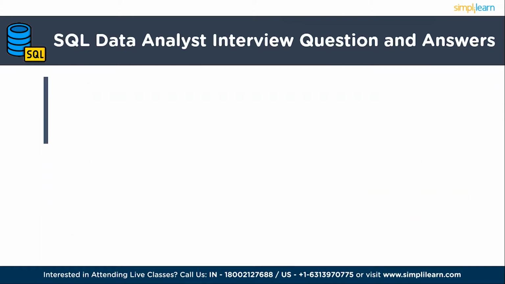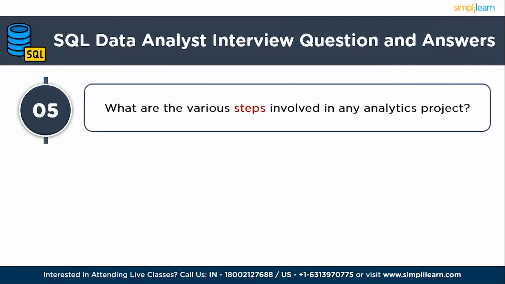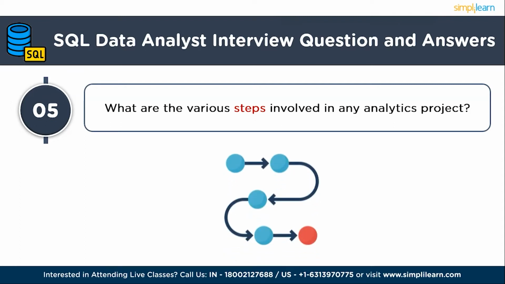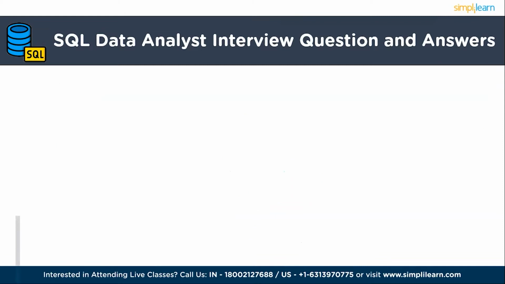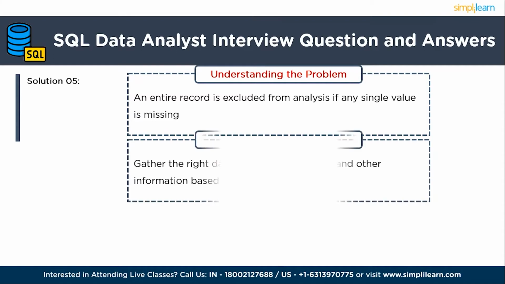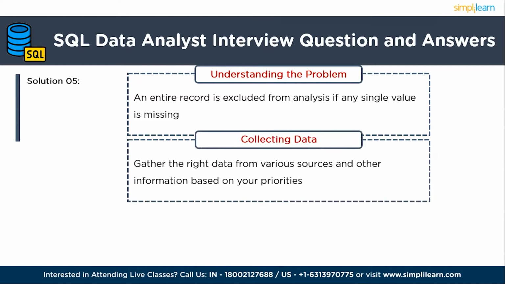Now moving on to the 5th question, that is, what are the various steps involved in any analytics project? This is one of the most basic data analyst interview questions. The various steps involved in any common analytics project are as follows. Number 1, understanding the problem: understand the business problem, define the organizational goals and plan for a lucrative solution. Next is collecting data: gather the right data from various sources and other information based on your priorities.